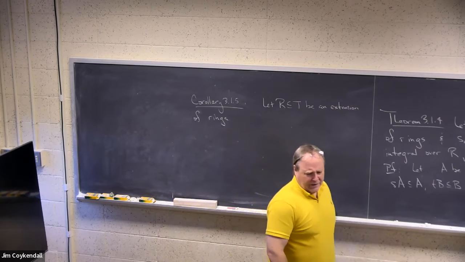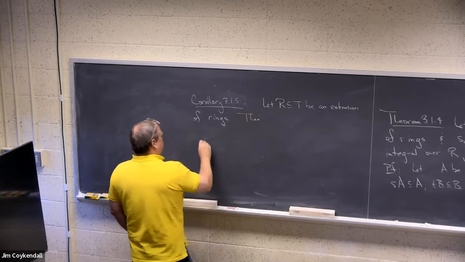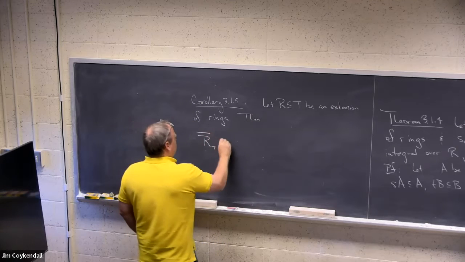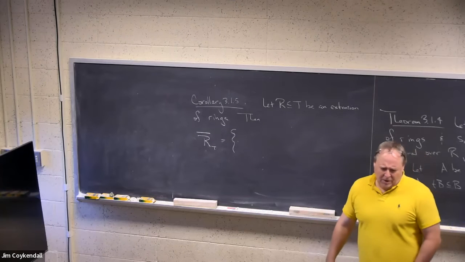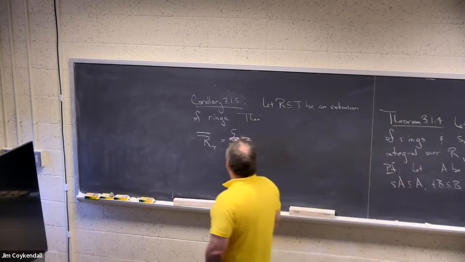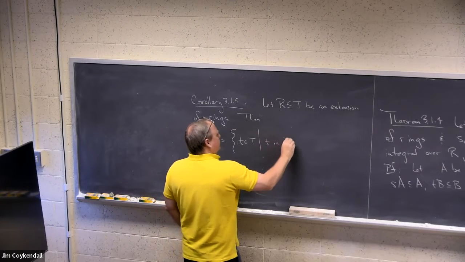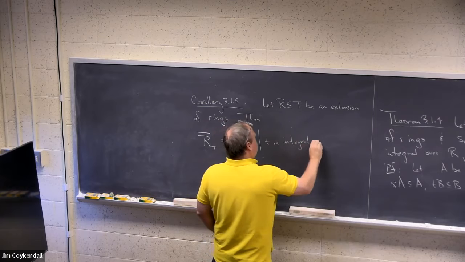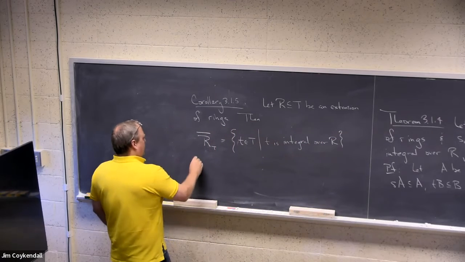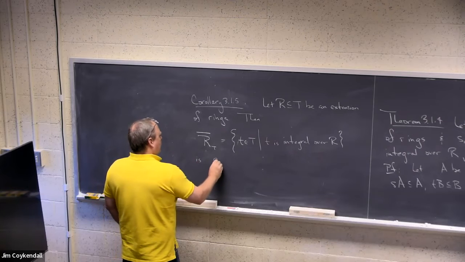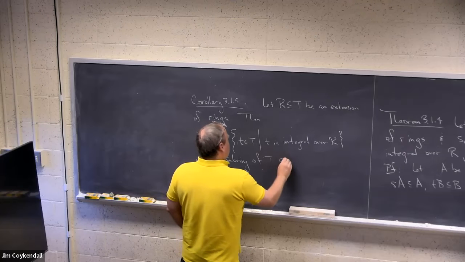Then I'm going to define this: R sub T with a little bar over it. This is the set of t in T such that t is integral over R. This is a subring of T containing R.